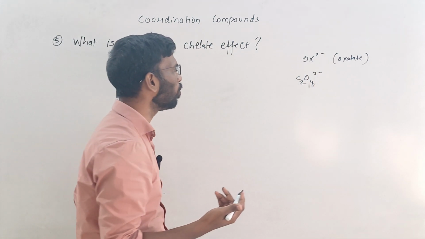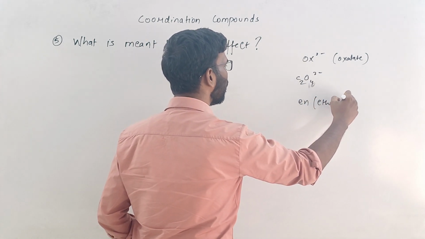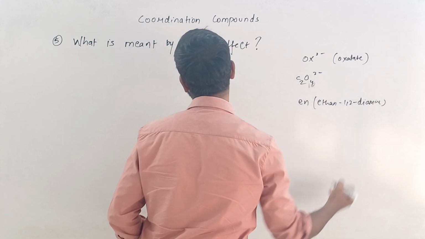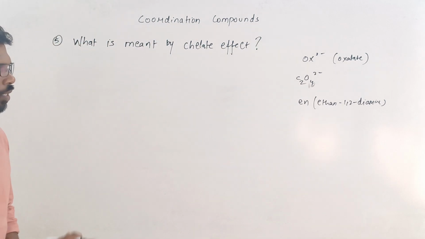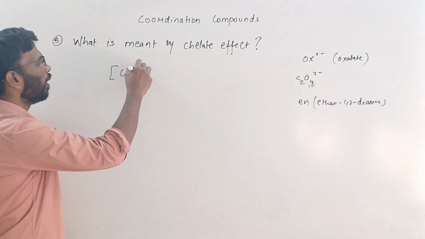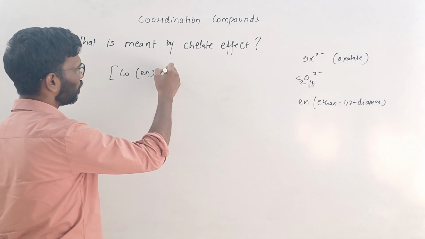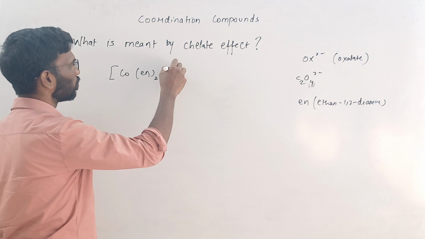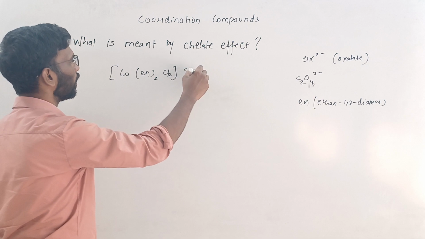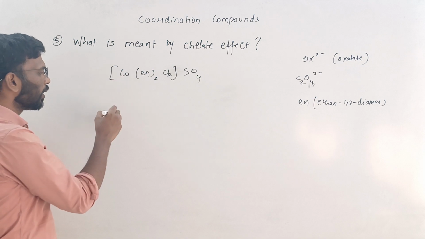Another one that can form a chelate is en, that is ethane-1,2-diamine. For example, I have a metal cobalt with en twice, Cl2, and sulfate outside.